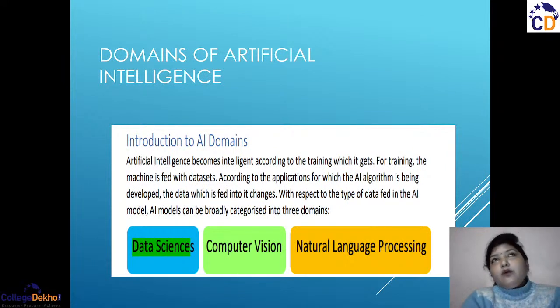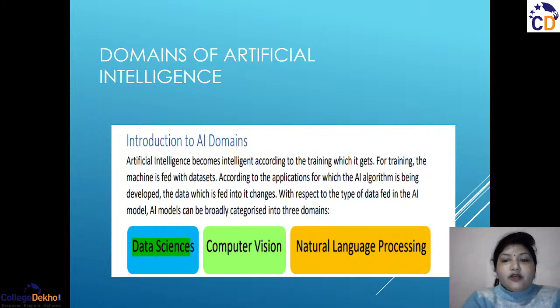The type of data we are going to analyze determines which domain is to be used. Like, if I want some processing in the language, I might be using natural language processing, right? So with respect to the type of data fed into the AI model, AI models can be broadly categorized into these three domains.